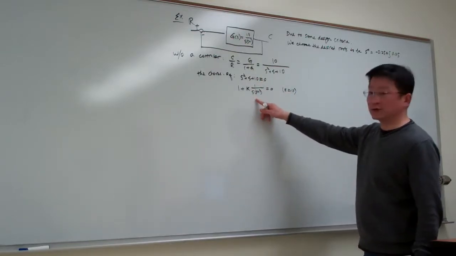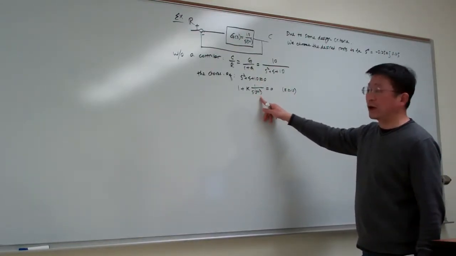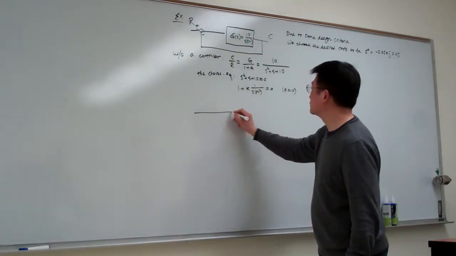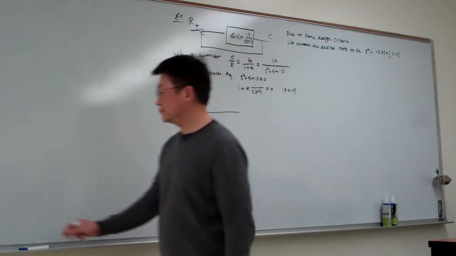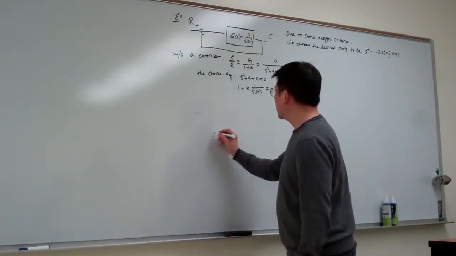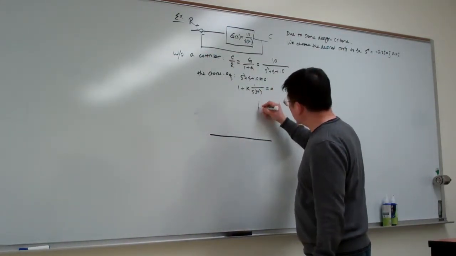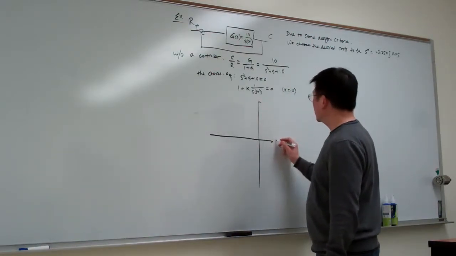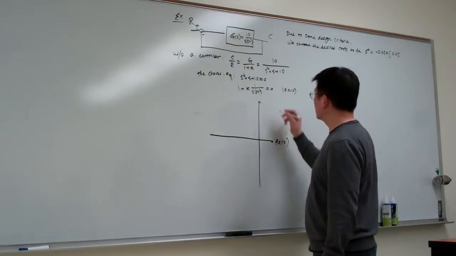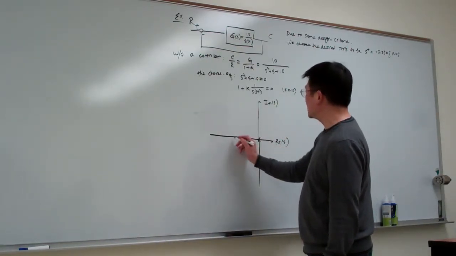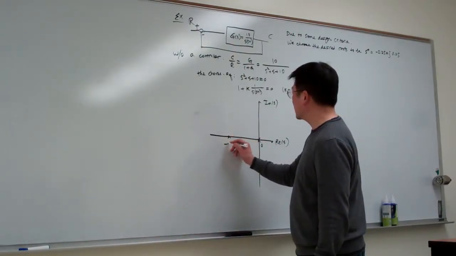Okay, so this is the closed loop system without a controller yet, and this is the one we saw last time. We can quickly draw the root locus for this one. So this is minus 0 and this is minus 1 here.